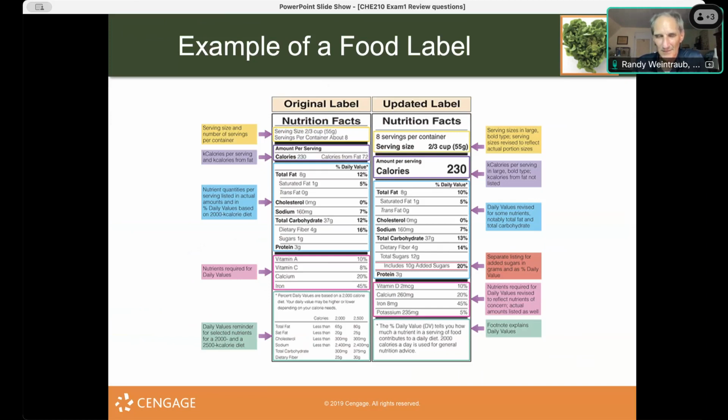Of course, it's based on a 2,000 kcal per day eating pattern or diet, and that's a middle of the road number, 2,000 kcals.